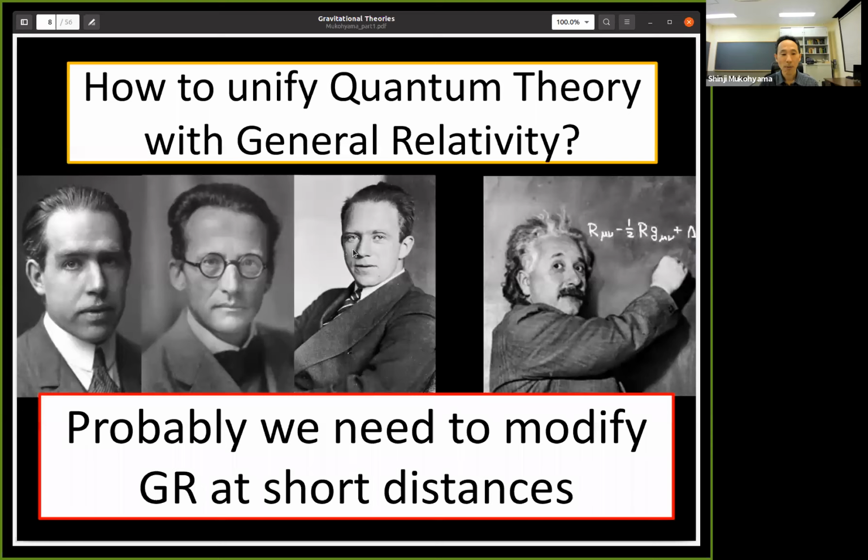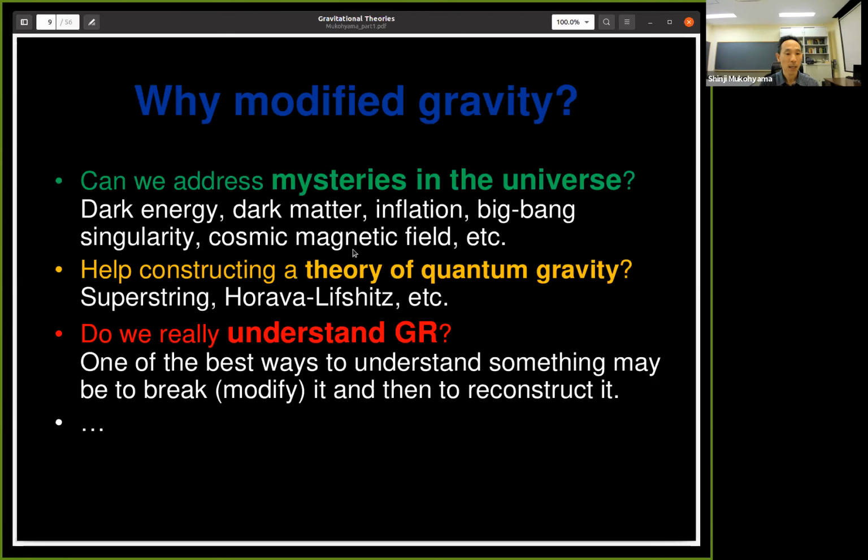Probably we need to modify general relativity at short distances, so modified gravity may help construct a theory of quantum gravity. One possibility is superstring theory, and another possibility may be Horndeski gravity, and so on.